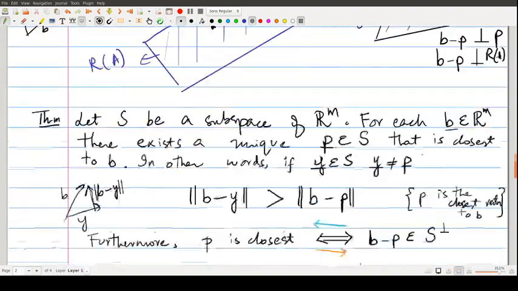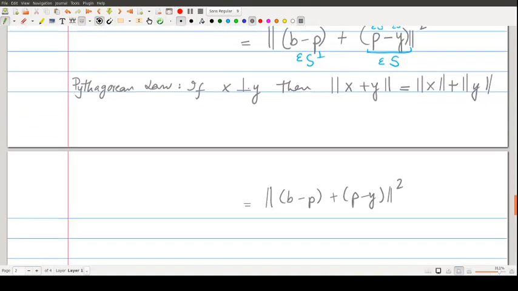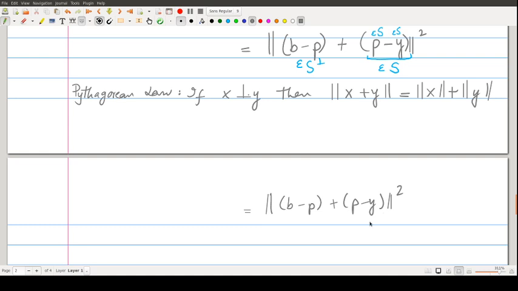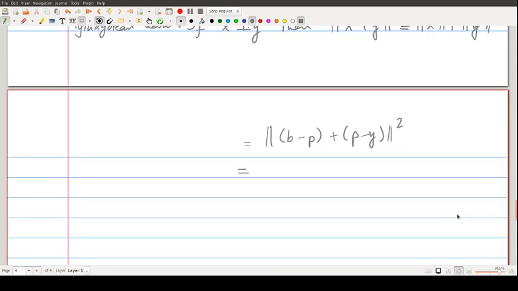Now if I want to take this b minus p plus p minus y, then I can write this as this vector transposed, so b minus p plus p minus y, transposed, multiplied by, so I'm just doing r transpose r, right?